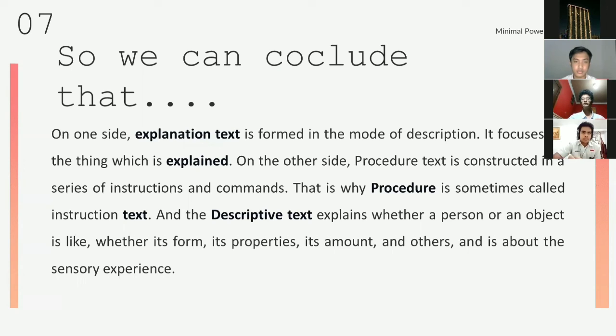That is why procedure text is sometimes called instruction text. And descriptive text explains what a person or an object is like, from its properties, its amount, and others, and is about sensory experience.